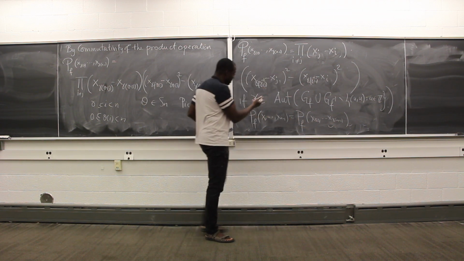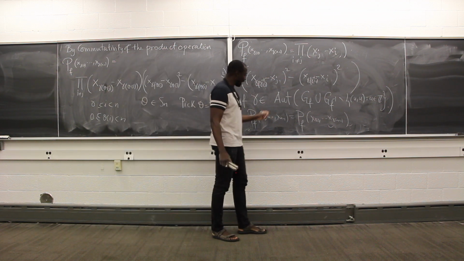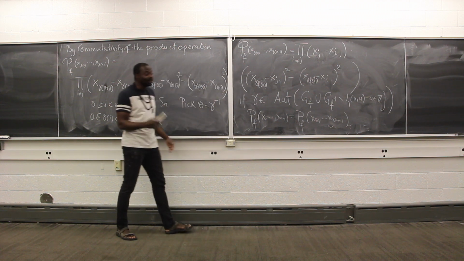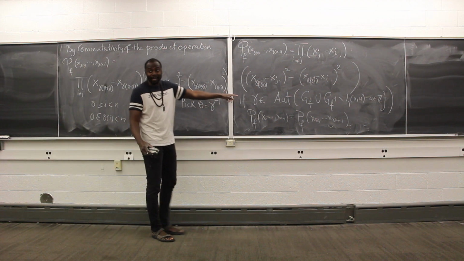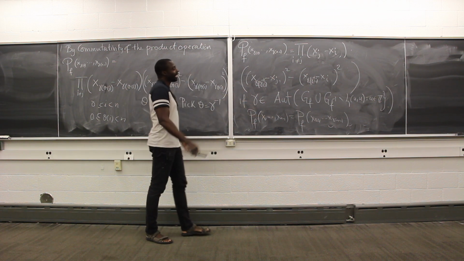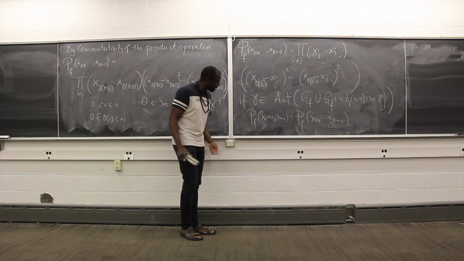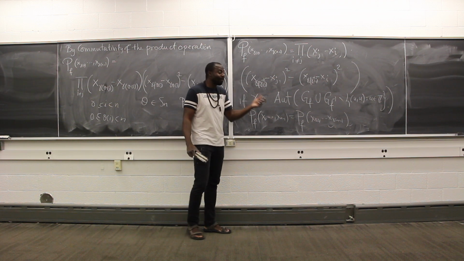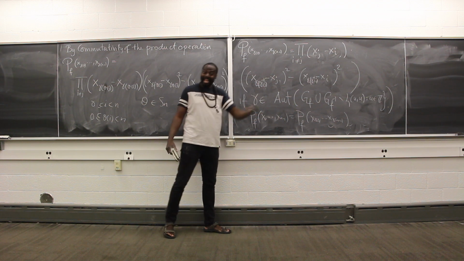Now, this makes the case that every gamma in the automorphism group of this will preserve the polynomial, but how do you know that if you're not in the automorphism group, you're a bad permutation? That's also very easy to see. If you are not in the automorphism group, you have to map one edge to a non-edge, or one non-edge to an edge.